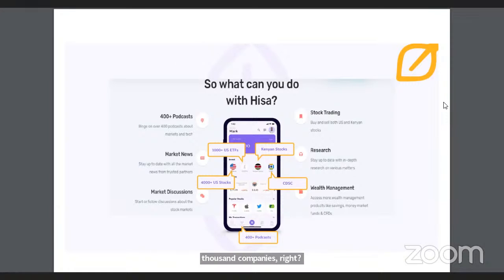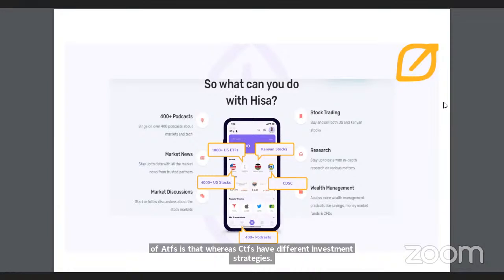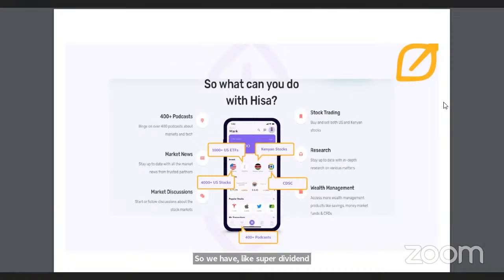Another advantage is that various ETFs have different investment strategies. So we have super dividend ETFs. If you're investing for dividends and you don't know which individual stocks you'd want to select, you'd want to invest in an ETF that holds super dividend stocks.